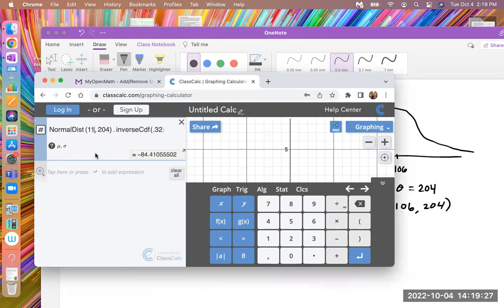Then we're going to find the Z-score that has 32% of the data to the left of it. And that Z-score is negative 0.4677. Ideally, I would not truncate that number because I'm going to use it to figure out my next part of this problem.